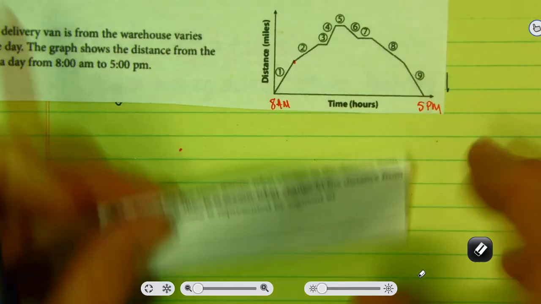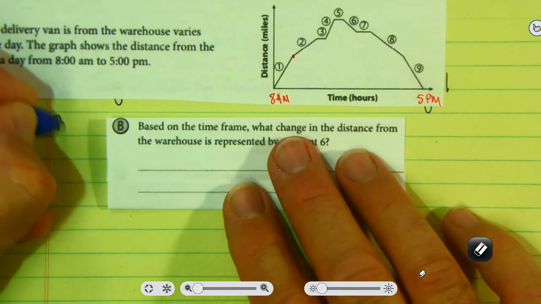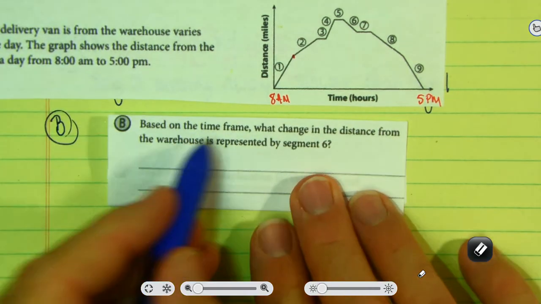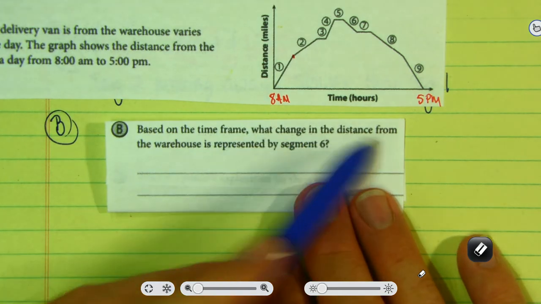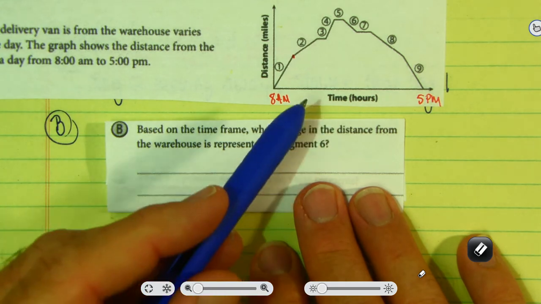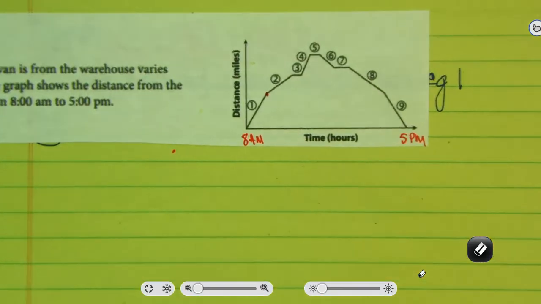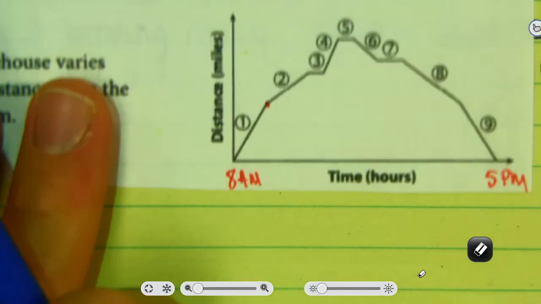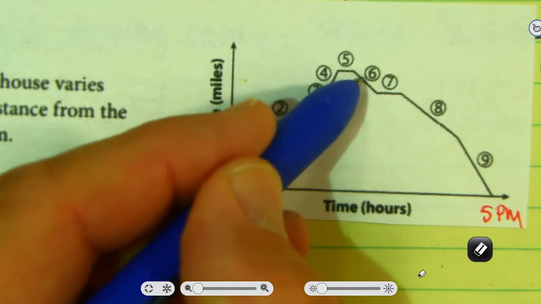All right, so what about this? Second question I want to ask you. This is the B question. Based on the time frame, what change in the distance from the warehouse is represented by segment 6? So looking at this graph, what's going on right here in segment 6?